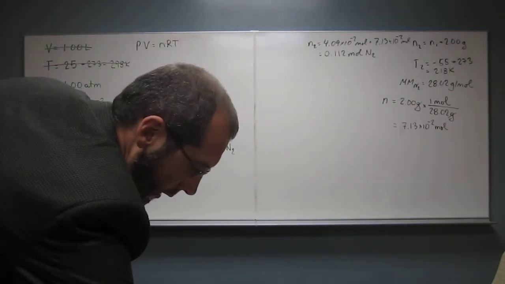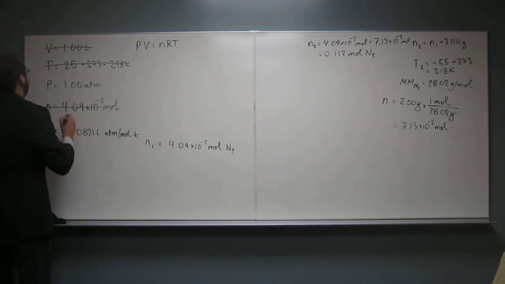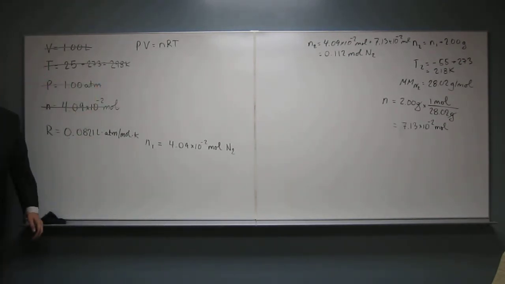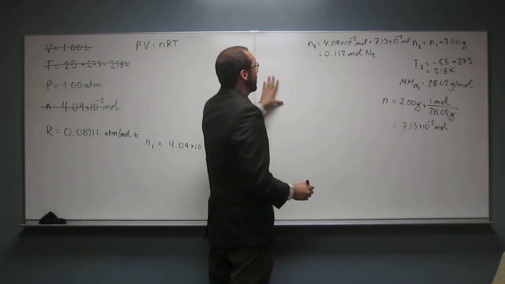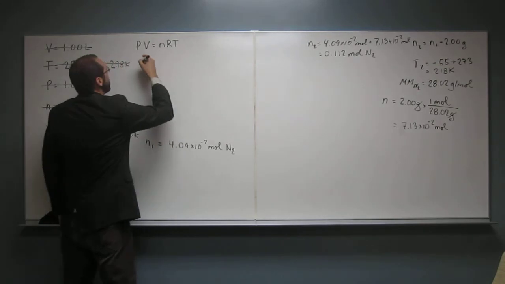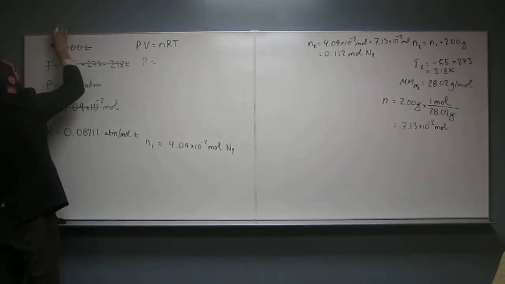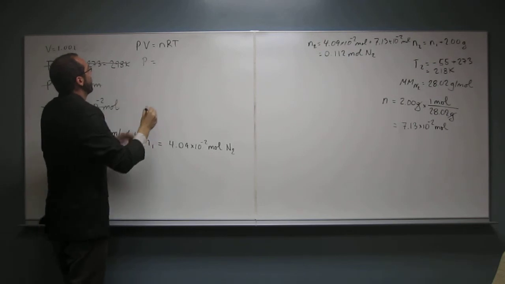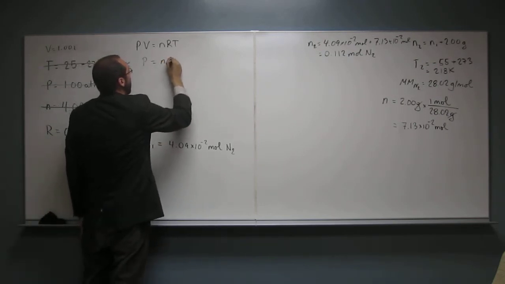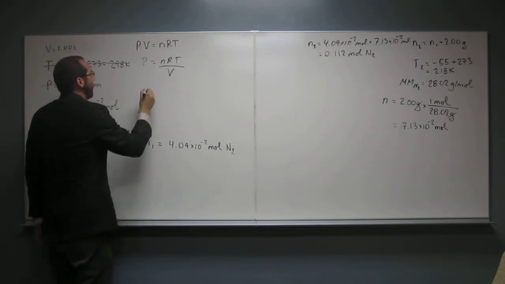It says the final pressure, okay? So let's do it. PV equals nRT, so P equals nRT divided by V.